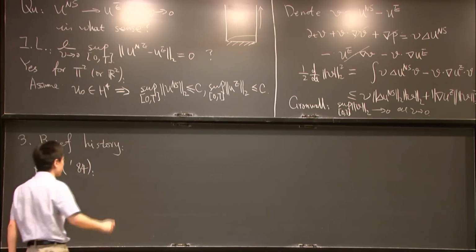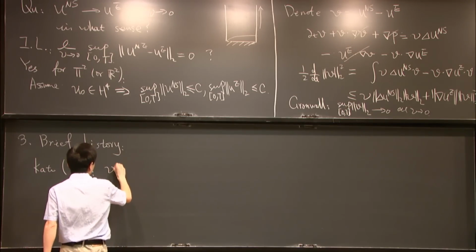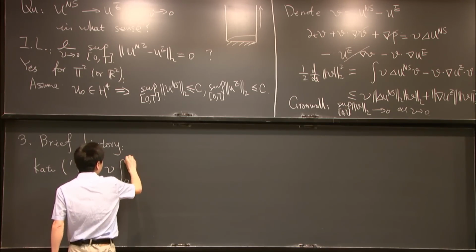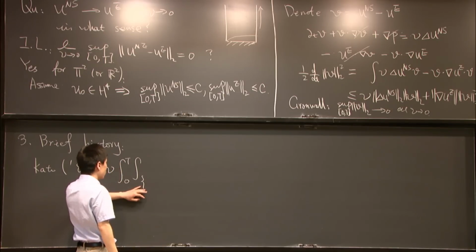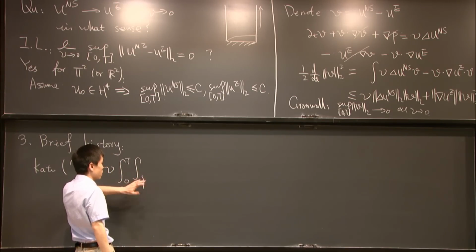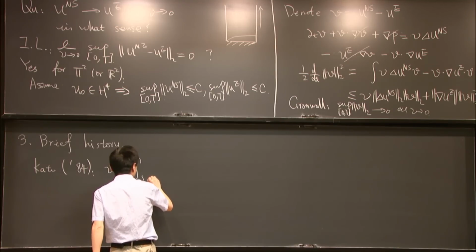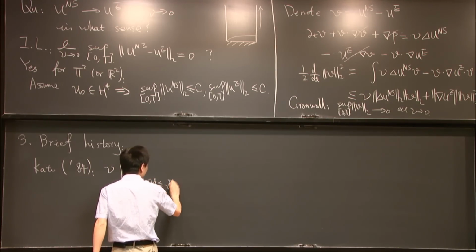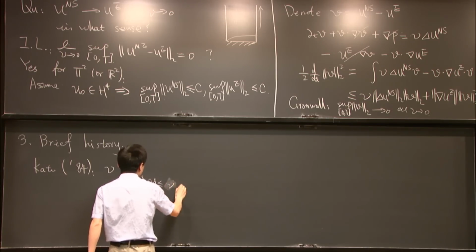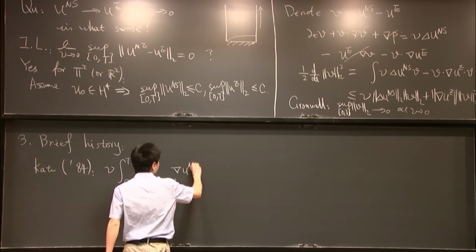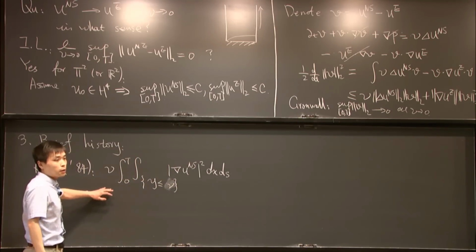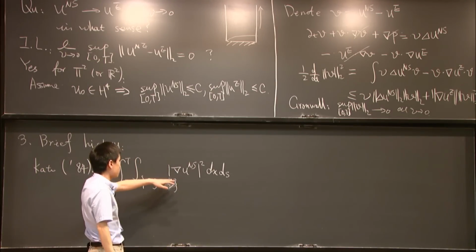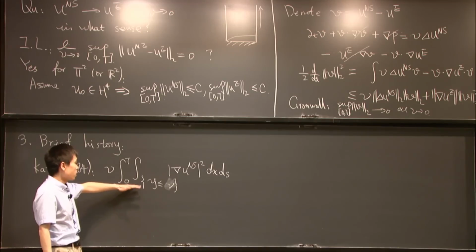He proved that if the integral from 0 to T, over a strip close to the boundary with thickness nu, so not square root nu but nu, of the gradient of the solution, is the total dissipation near this boundary.